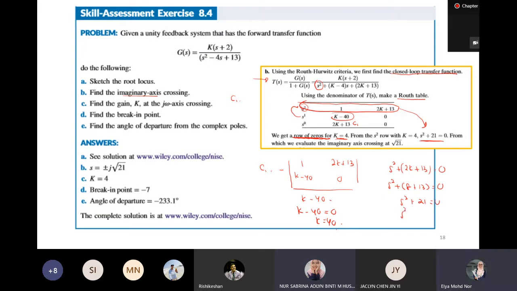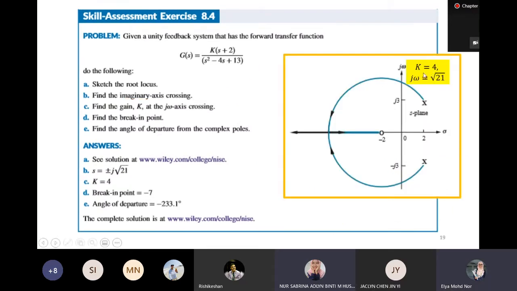So your s squared will be, the square root of 21. So this is what you get. At k equals 4, the gain k is equal to 4 and the j omega crossing is here, plus minus j square root of 21. Okay, so this is answering B and C.